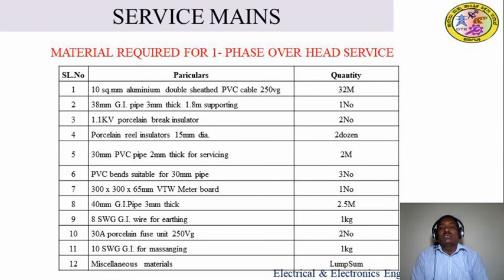All these materials we have calculated and made a schedule of material for providing the overhead service connection to the customer. So from today's class, for a single phase overhead service, we have studied the material calculation as well as the schedule of material.